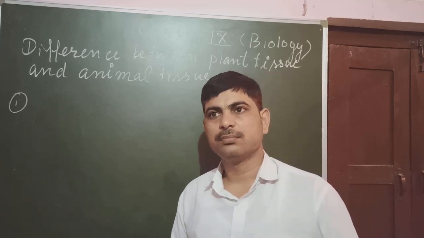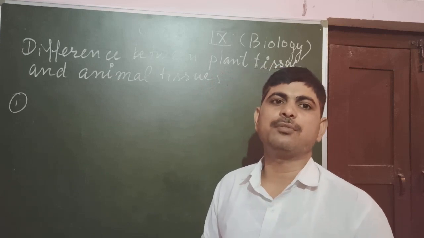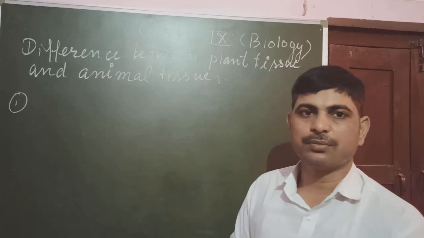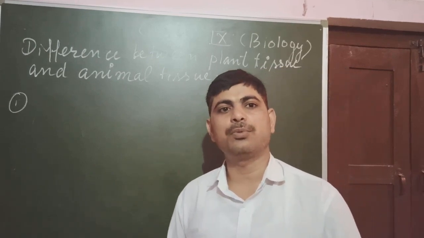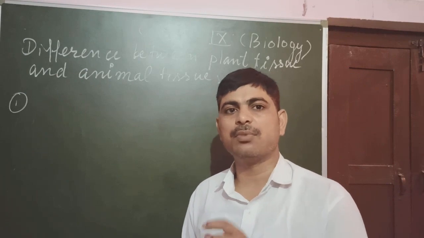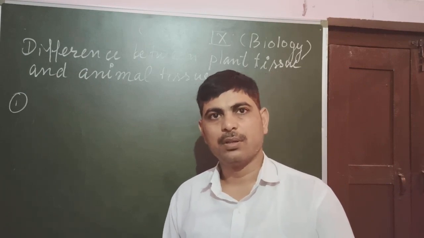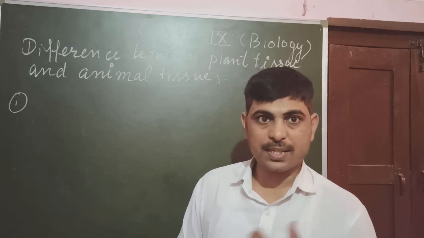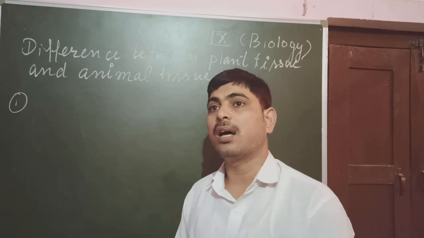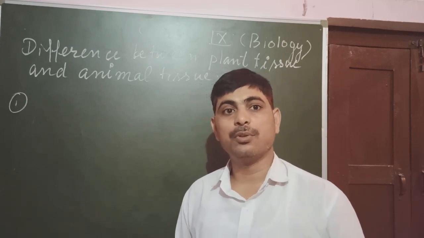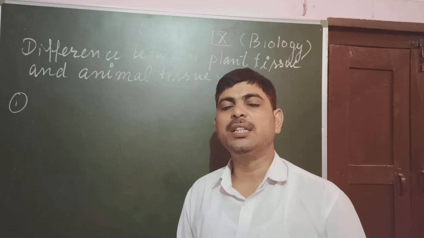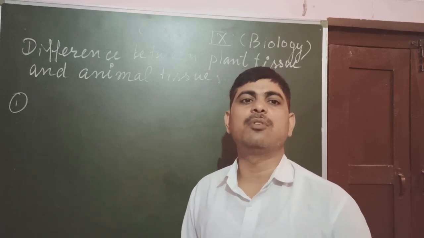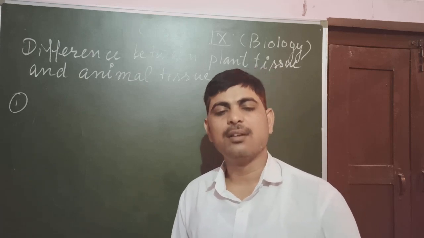Plants need not move from one place to another, and because they are producers, because they directly trap the solar energy and synthesize their own food, they synthesize only those type of items which are necessary for them. Animals depend on others for their food, so to fulfill their requirements they need to consume some unwanted materials along with the wanted materials. Okay, because they are mixed together.